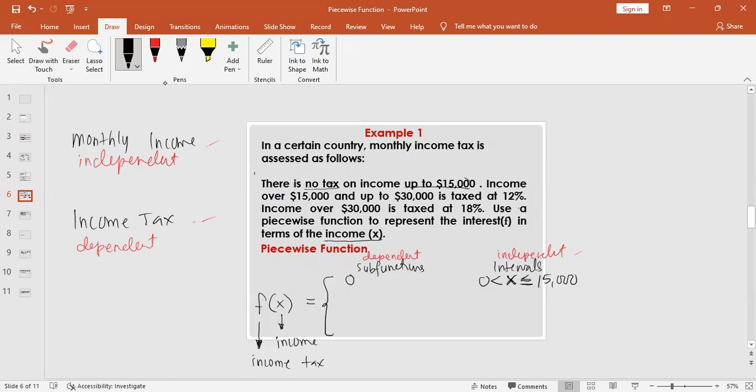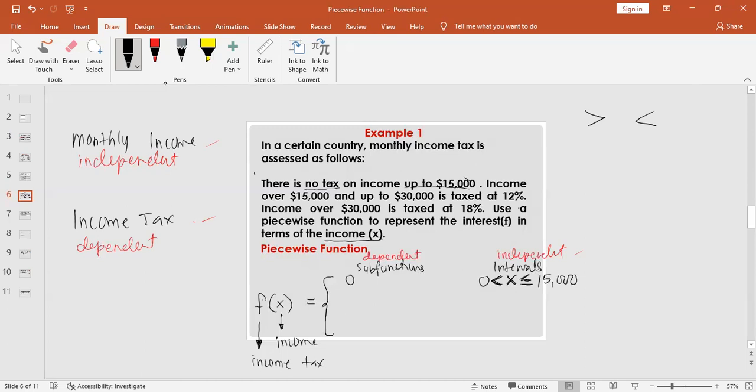Ma'am, bakit parehas naman yung bukas ng symbol pero itong una sa 0 greater than yung pakakabasa mo pero itong sa $15,000 less than? Okay, we don't always read this symbol as greater than or less than. The same thing here. It will always depend on the reference or the position of our reference. Since the reference here is positioned at the center, we will read this as greater than.